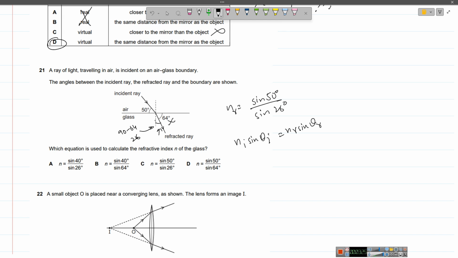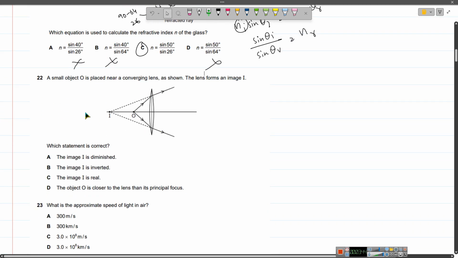Ni is 1, so that is gone. So sine theta I divided by sine theta R is going to be Nr, right? Ni is equal to 1 because of the air. Okay, so hence C is our option. Not this, not this, and not this.